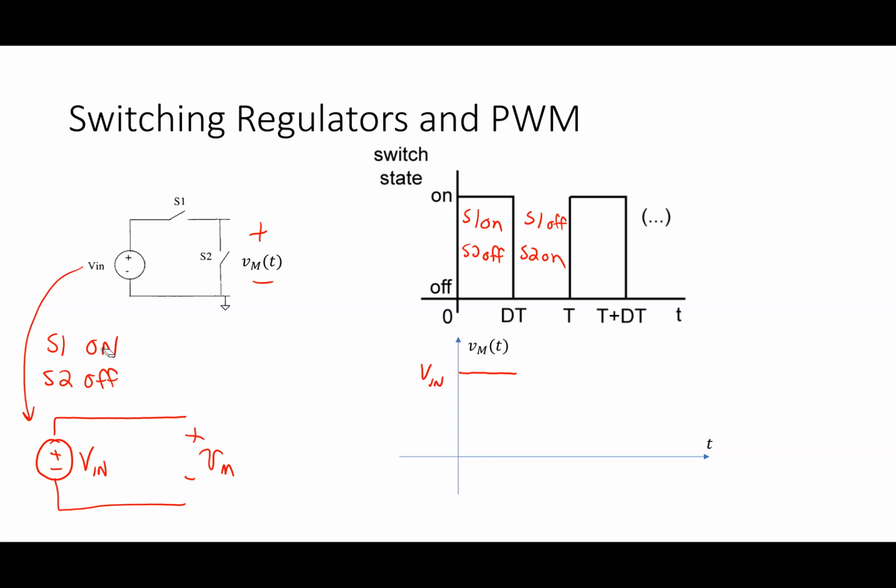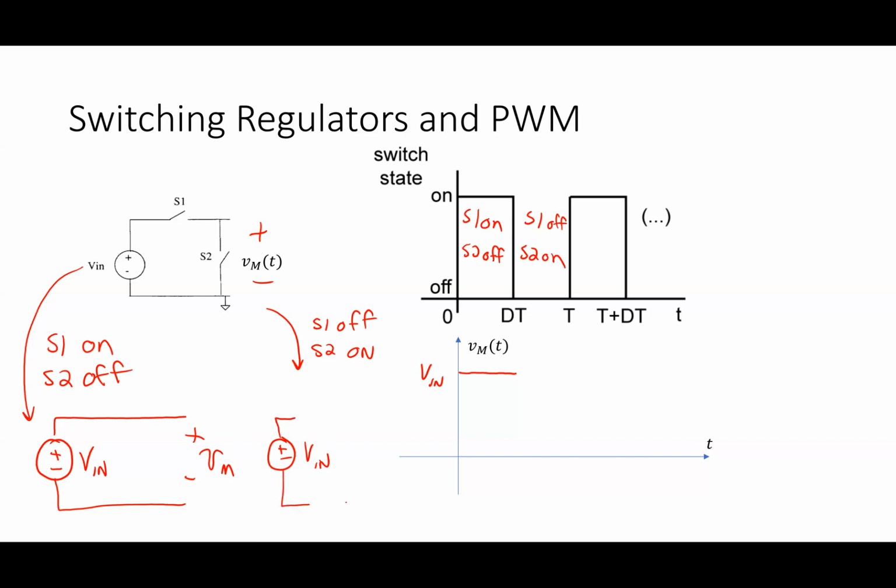Now, when that switches, on, off, I can do the other case where S1 is off and S2 is on. So I still have my voltage source V in, but how do I draw the circuit then?